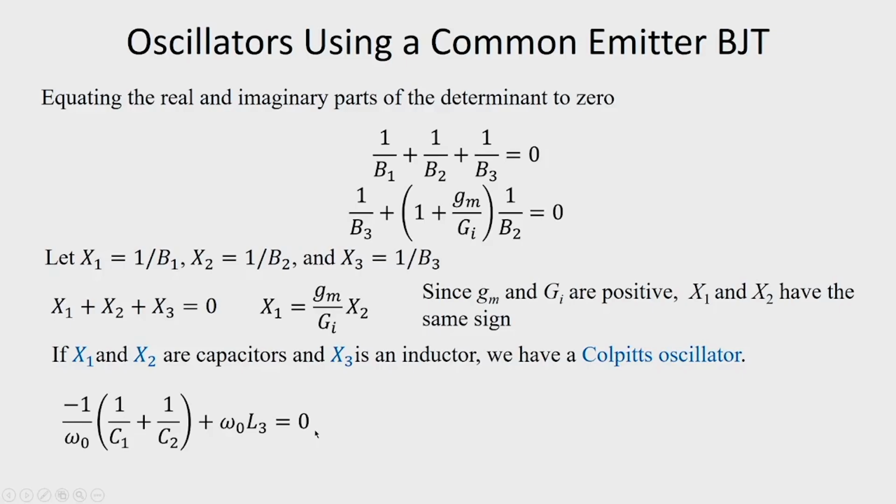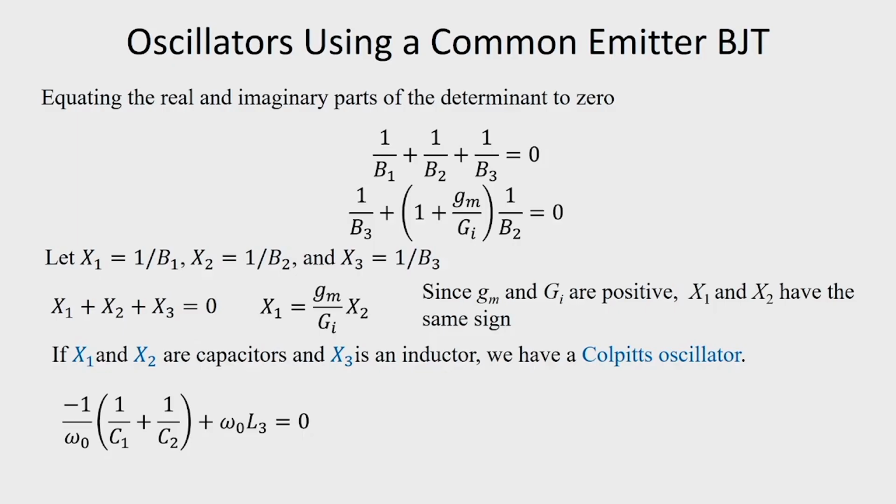So, here omega naught is the frequency of oscillation where this relation is satisfied, and solving for omega naught we get the frequency of oscillation, which is given by under root 1 by L3 into (C1 plus C2) divided by C1 C2. So, this omega naught is the frequency of oscillation of the circuit.